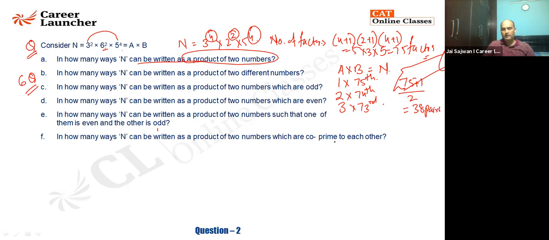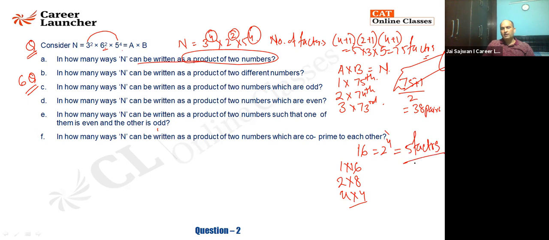Let me tell you about this thing. Say the number is 16. 16 is a perfect square number. I can say 1 into 16 is 16, 2 into 8 is 16, 4 into 4 is 16. My dear, I know 2 to the power of 4 will have 5 factors.